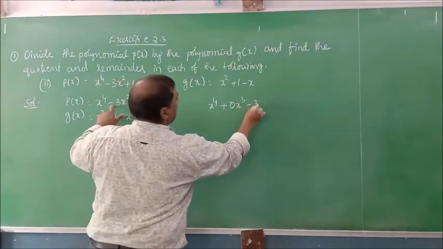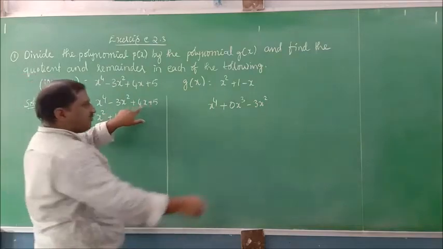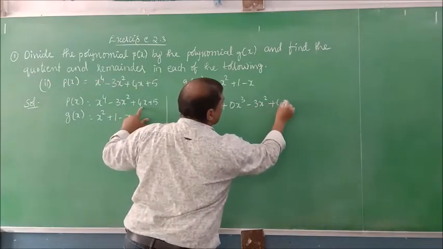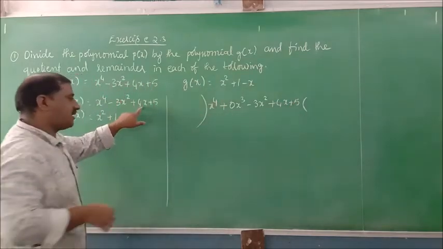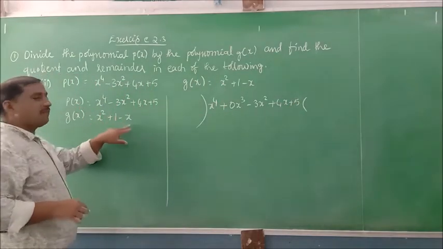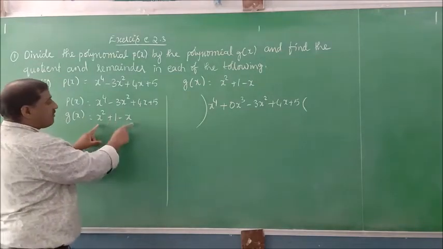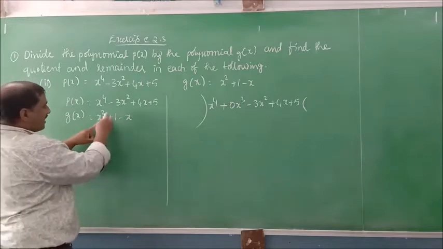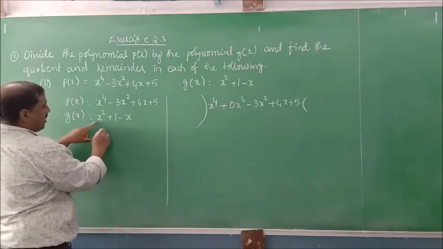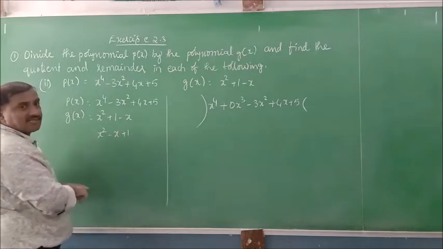Then minus 3x square plus 4x plus 5. It is divided by the divisor x square plus 1 minus x. As it is not in the decreasing order of their powers, rearrange this in the decreasing order of their powers as x square minus x plus 1.